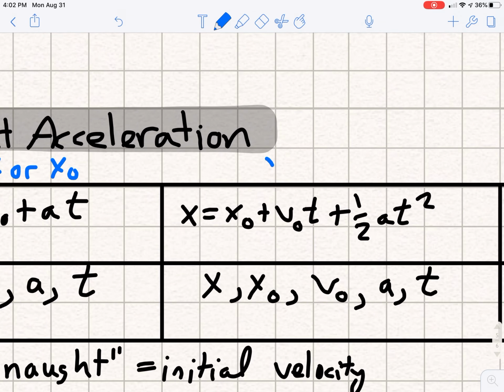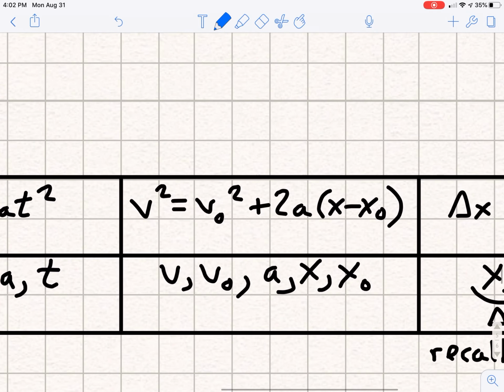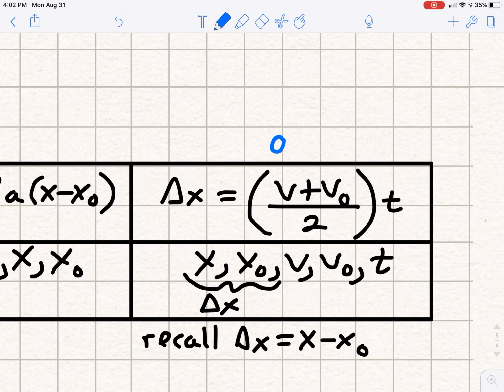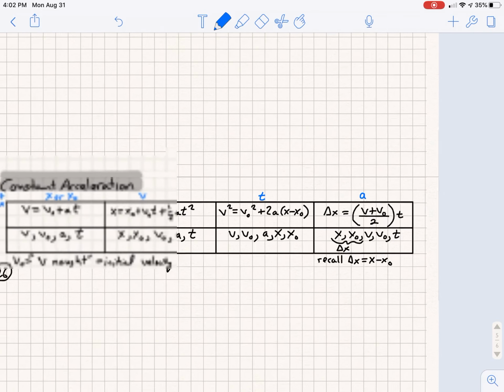If I don't have v final, the second equation is a good one to use. If I don't have time, the third equation is a good one to use. And if I don't have acceleration, the constant acceleration A, the fourth one is a good one to use.